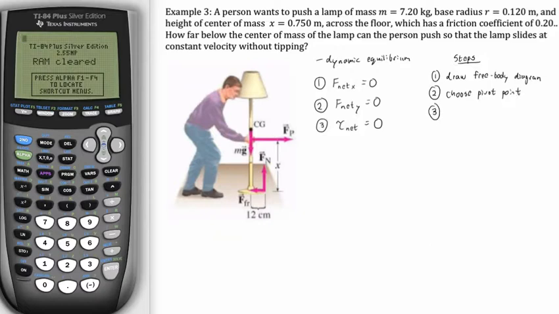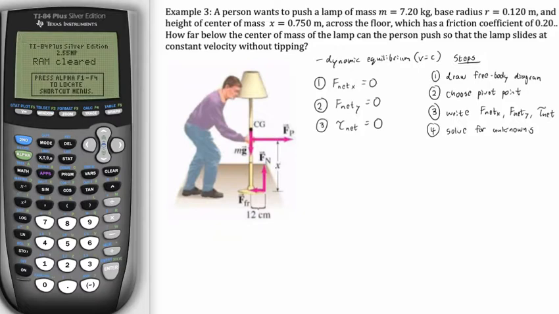We're then going to write, because it's really just a matter of looking at the picture, F net x, F net y, and torque net. And then we're going to solve for unknowns. Let's look at the problem and see what those unknowns are. Here I'll just write for dynamic equilibrium, V is a constant. All right, looks good.